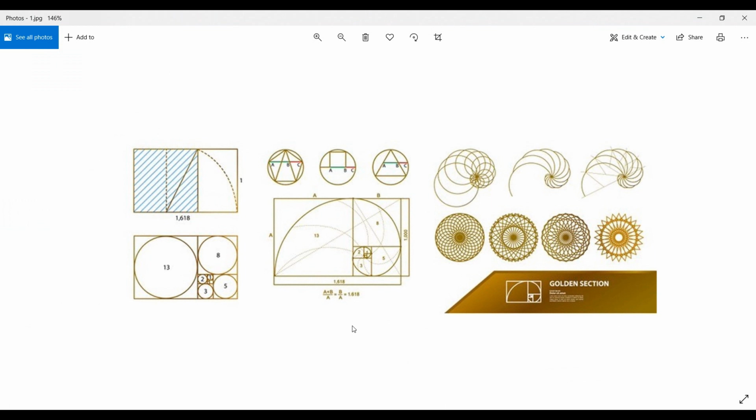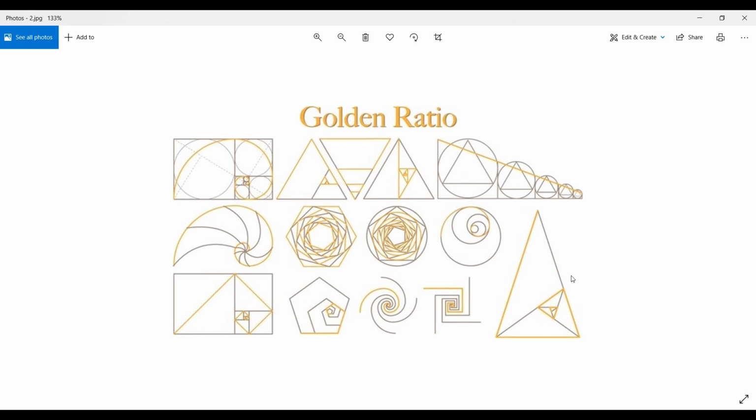It's all basically geometry. Circles, squares, triangles, it's all in spirals. You can see it's all spiraling inside. It's all wheels inside the wheels, circle inside the circles, triangle inside the triangle, squares inside the squares. Next image, it's all the same. You can see the triangle inside the triangle here.